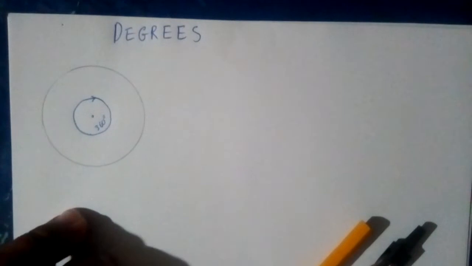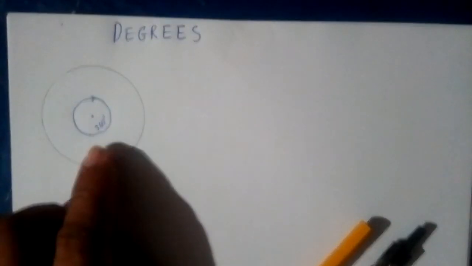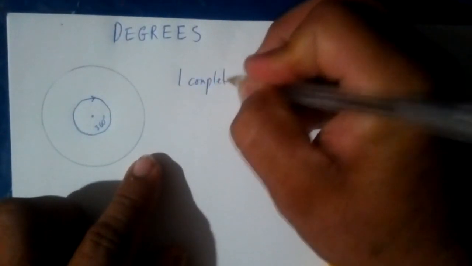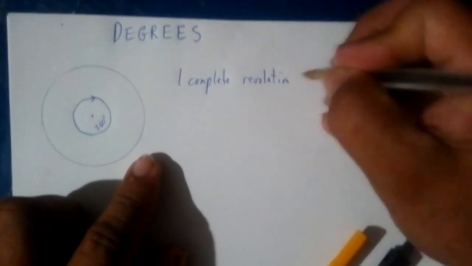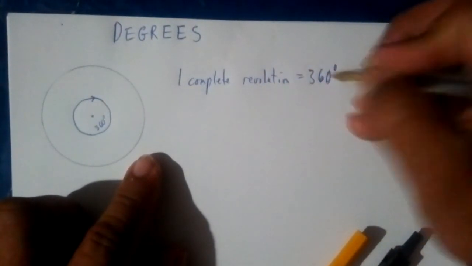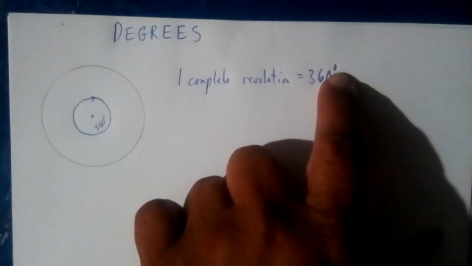Now let's see what we mean by 360 degrees. So one complete revolution is equal to 360 degrees. Note here a symbol.